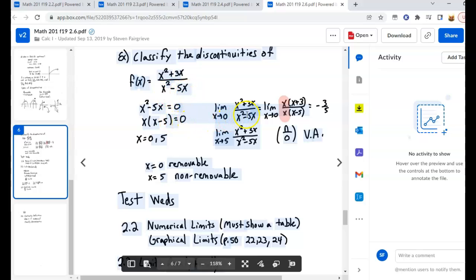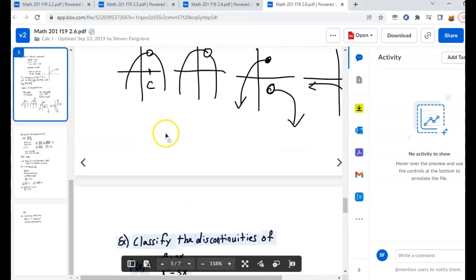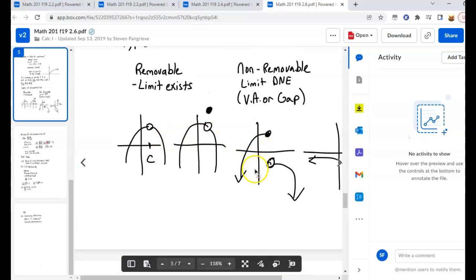If we can compute the limit, then that is a removable discontinuity. So if we have a limit, it's removable. If it turns out it's a vertical asymptote, because we have a number divided by 0, then that's automatically non-removable. Or, if it's like a piecewise function where the left goes one way and the right goes somewhere else, we don't have a limit, so therefore it's non-removable.